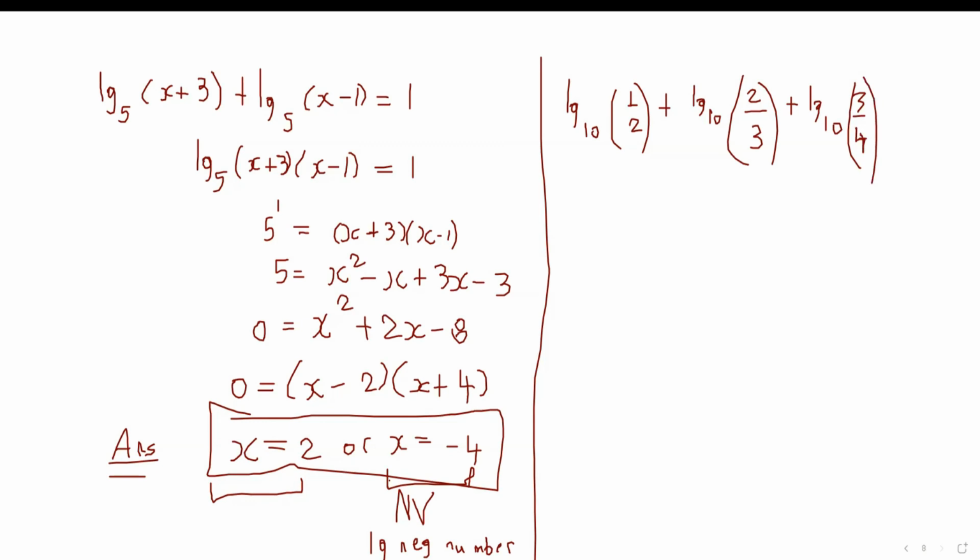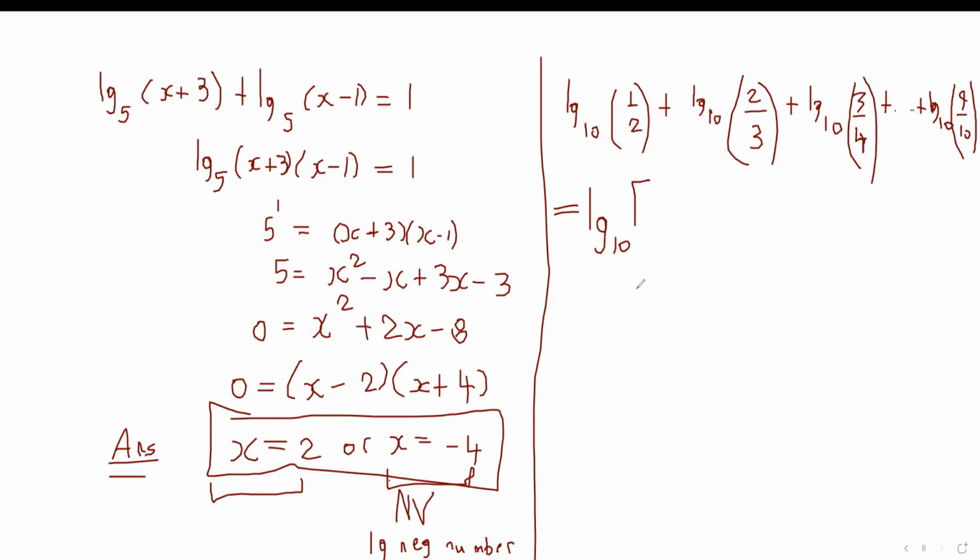So this is easy, right? Very easy, plus all the way up to log to base 10 of 9 over 10. Let us quickly evaluate this logarithm. To do this, what we need to do is write this as one logarithm. The log a plus log b is the log of a times b.